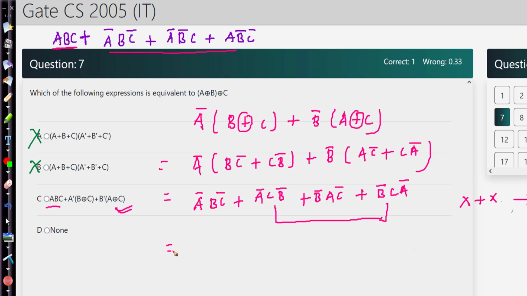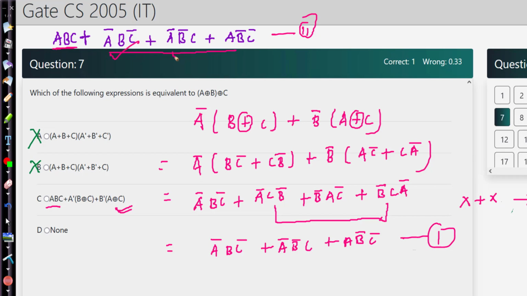So this should boil down to A complement B C complement plus A complement B complement C plus A B complement C complement. Now are these two things the same? Are these two things equivalent? The three terms here, yeah, I can say it. We got this and we also got this. So yeah, C is going to be the answer.